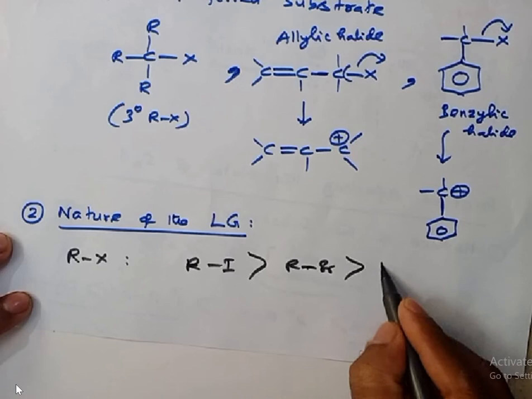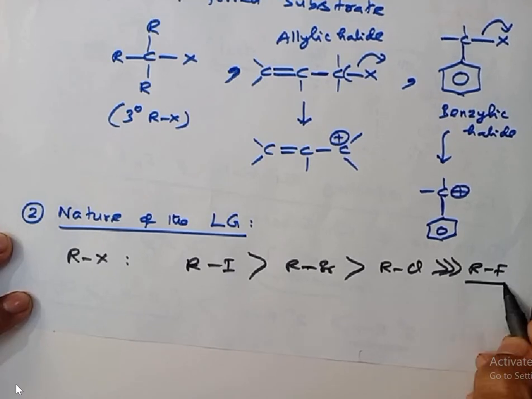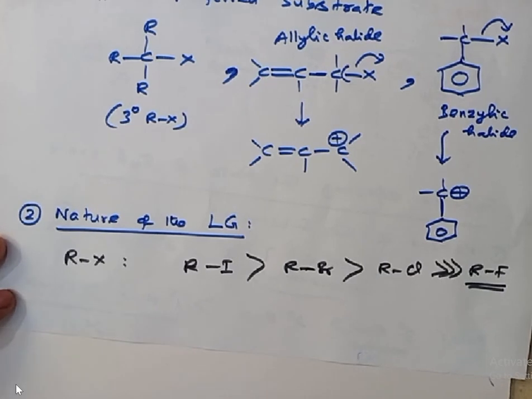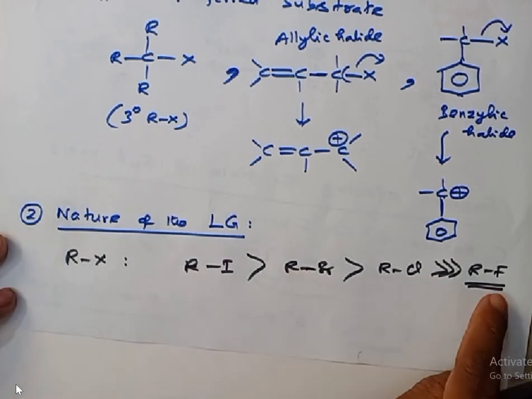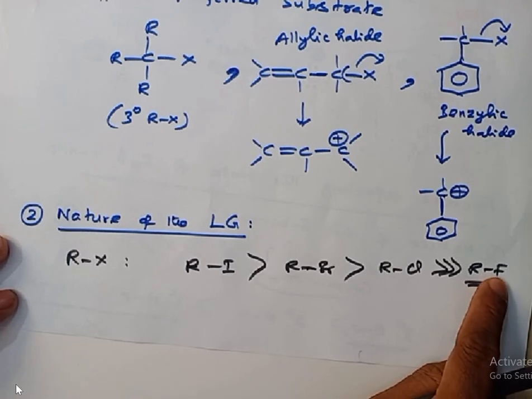Alkyl bromide is better compared to alkyl chloride. Then alkyl fluorides are not preferred, students. Alkyl fluorides are not preferred for nucleophilic substitution reactions in general, Sn1 or Sn2 or whatever it is, because fluoride is a very poor leaving group. Keep that in mind.